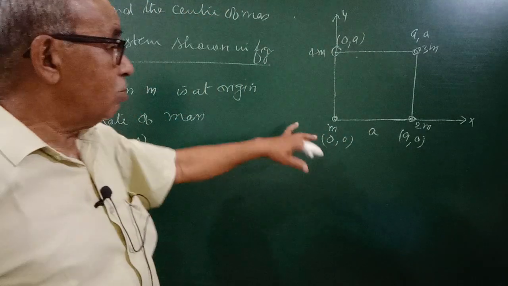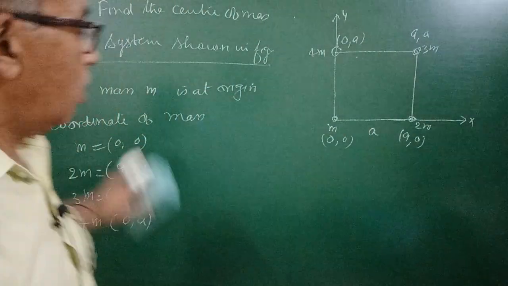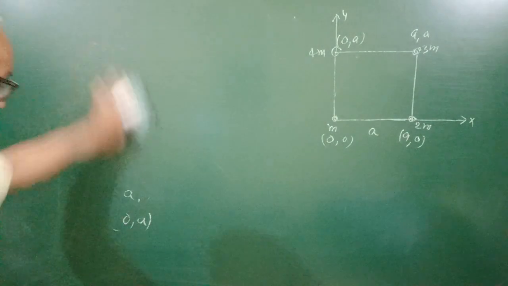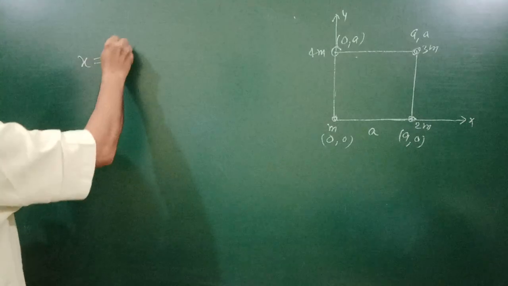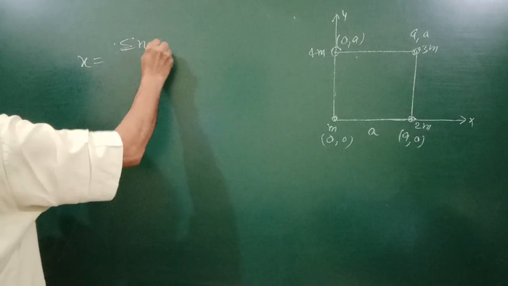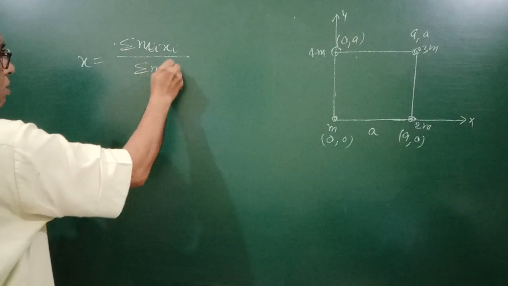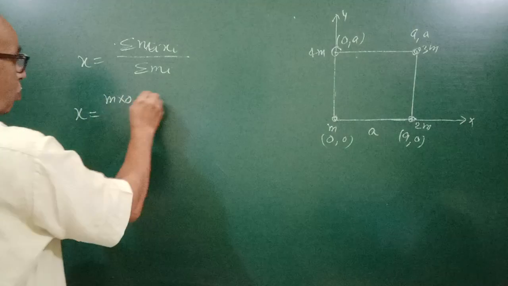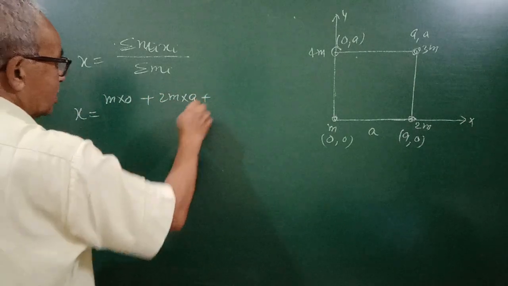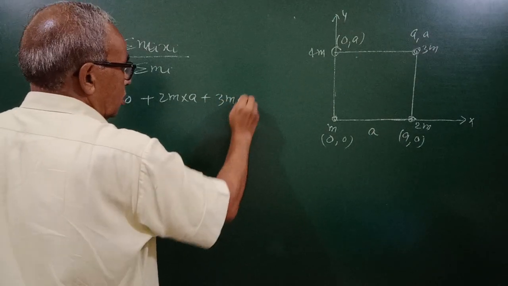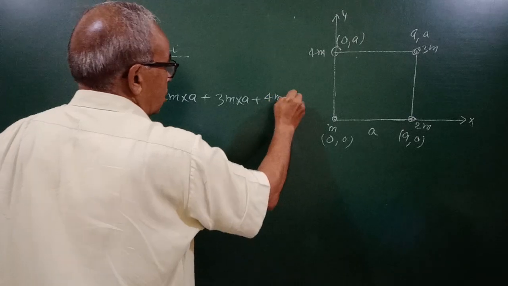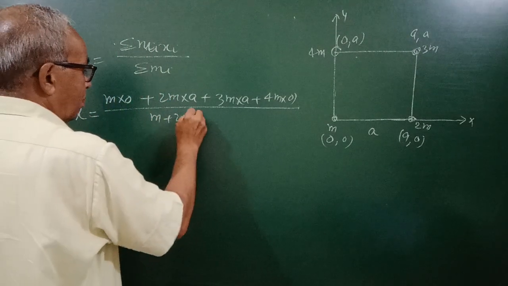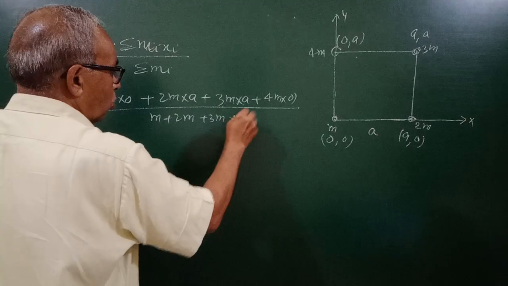We have assumed that mass m is at the origin, and so now we know x equals summation mi xi upon summation mi. So the x coordinate of center of mass is m into 0 plus 2m into a plus 3m into a plus 4m into 0, upon total mass m plus 2m plus 3m plus 4m.